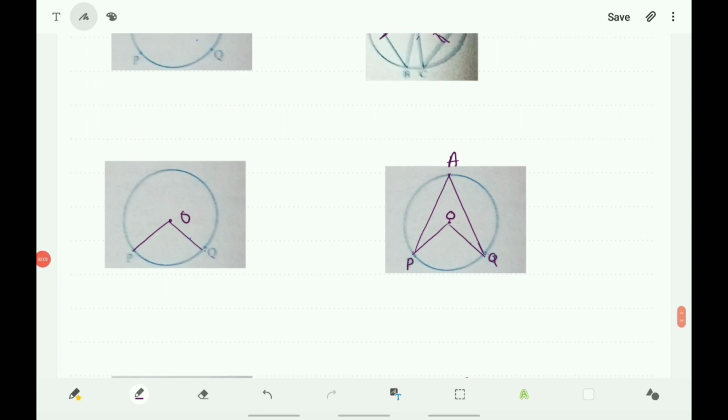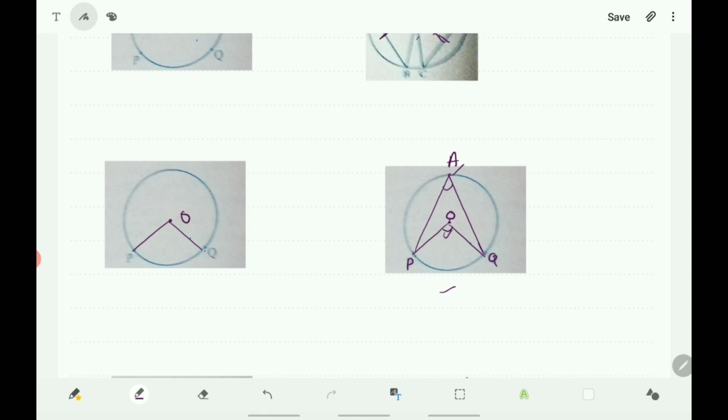See the figure here. PQ is an arc, POQ is the angle at the center and PAQ is the angle at the circumference. This angle POQ is called the angle subtended by the arc at the center, and PAQ is the angle subtended by the same arc on the other part of the circle.